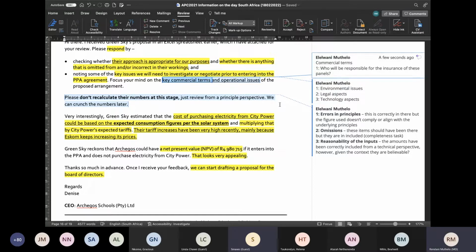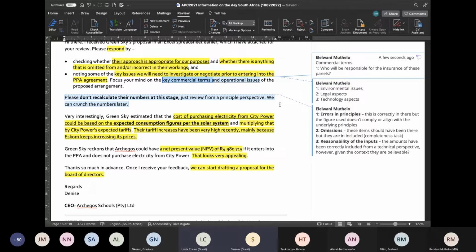But it's a commercial term. Because it could affect the attractiveness of this. When you include the insurance and so on, you could find that this thing is not so attractive because I end up carrying so much risk.